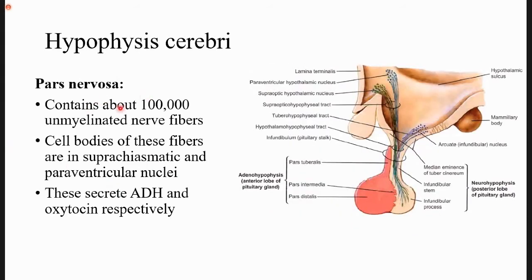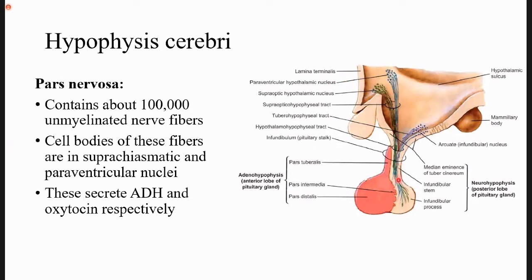Pars nervosa contains about 100,000 unmyelinated nerve fibers. You see that these nerve fibers are coming from these nuclei. The cell bodies of these nerves are present over here. This is the paraventricular nucleus, and this is the supraoptic nucleus.